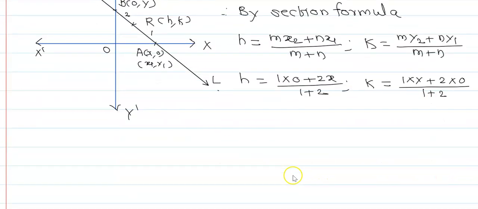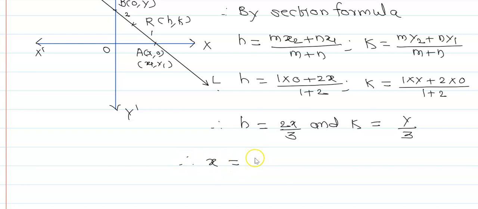Therefore, we have here h is equal to 2x upon 3, and k is equal to y upon 3.